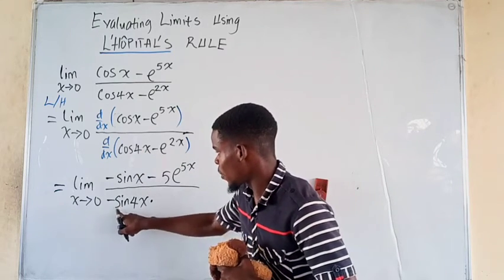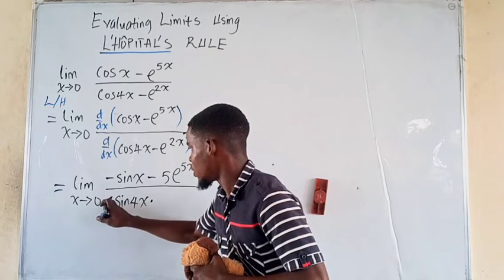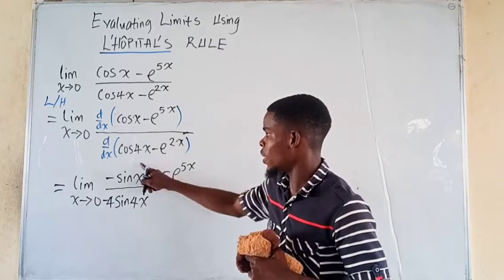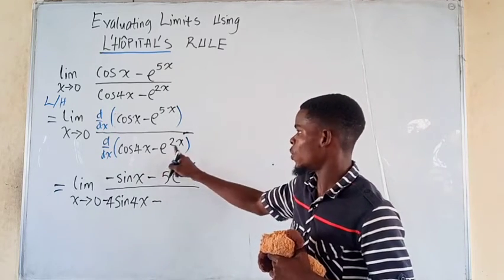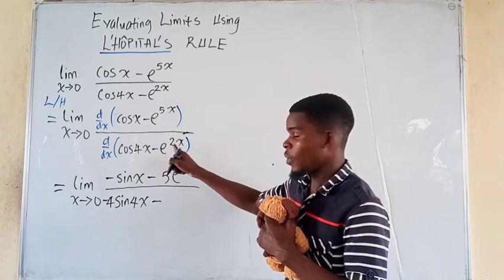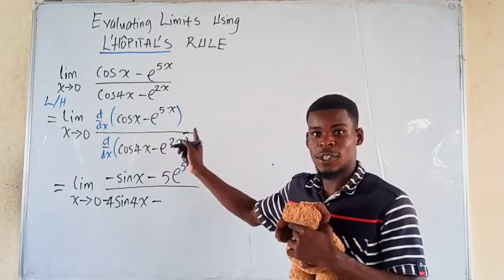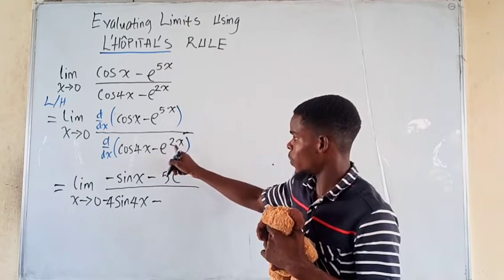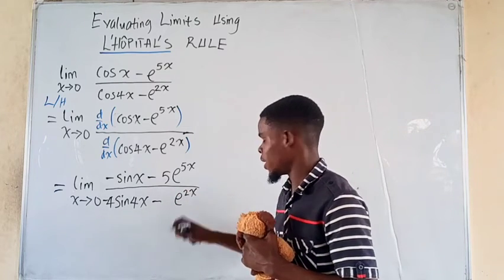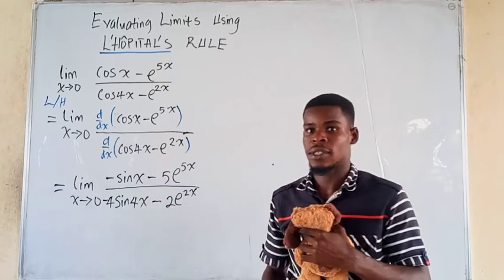So we'll have negative 4 times sine 4x. Good, and we are done with that. We put minus the derivative of e to the power 2x. That is also a function of a function, e to the power of something. The derivative of that is e raised to the power of that thing, which is 2x, and then we multiply it with the derivative of the power. The derivative of 2x will just give us 2.